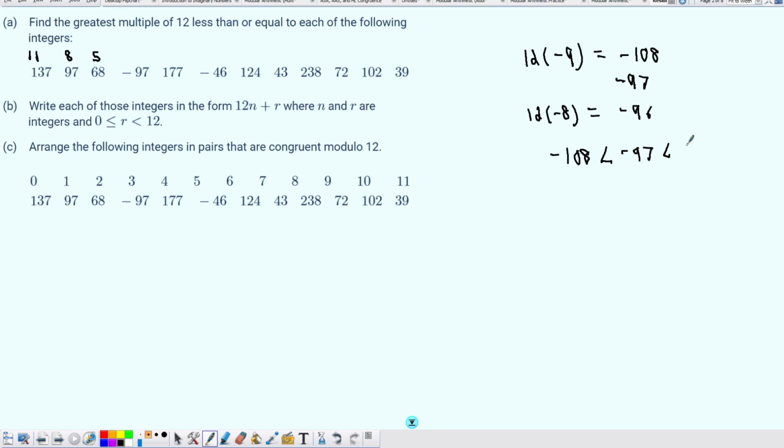And negative 96 is certainly greater than negative 97. So in this case, we want to go with negative 9, because negative 108 doesn't go over the negative 97.